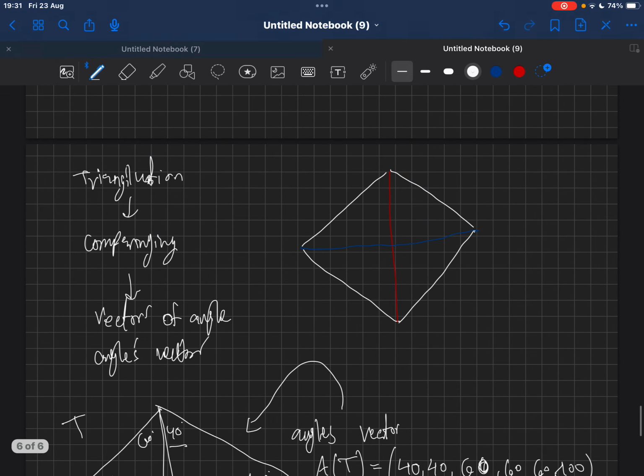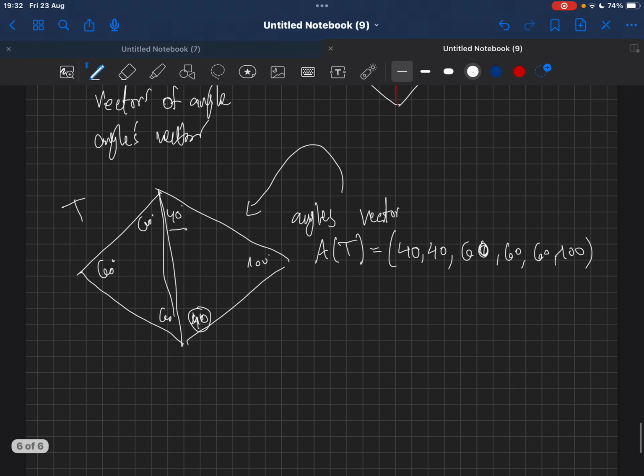Now let's look at the other option using this line, and we will understand which triangulation is considered better. The triangulation that will be better is the triangulation with the bigger angles based on the lexicographic order.